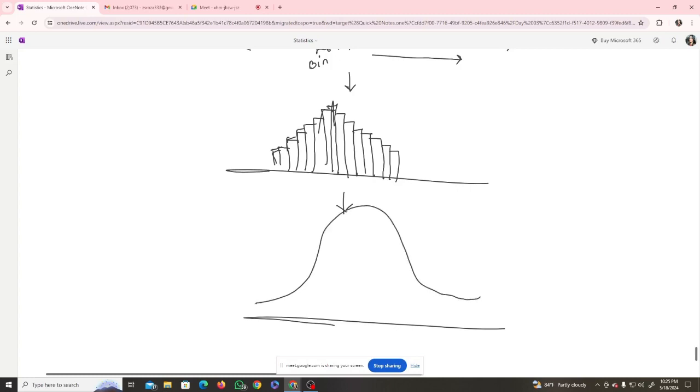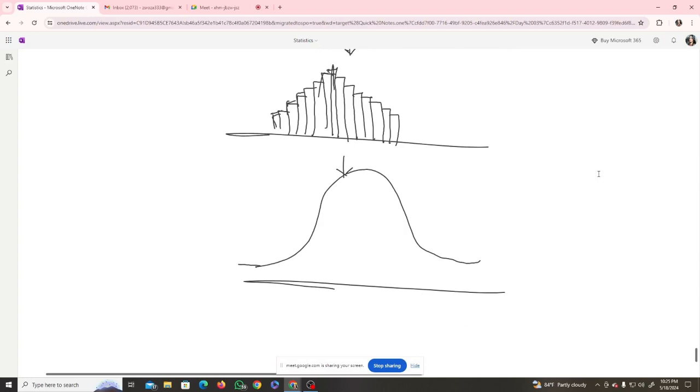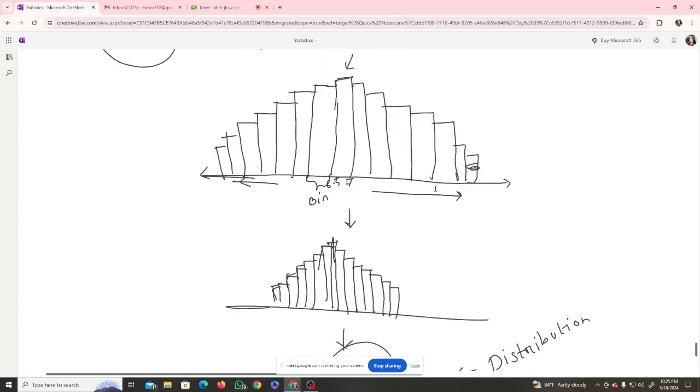We will have a smooth line, and this type of thing is called a distribution. It can be tilted toward the left, or the average value also can be tilted toward the right. But in this case, we are thinking that it is a very symmetric distribution, and this is the mean. Alright, so this is the distribution.